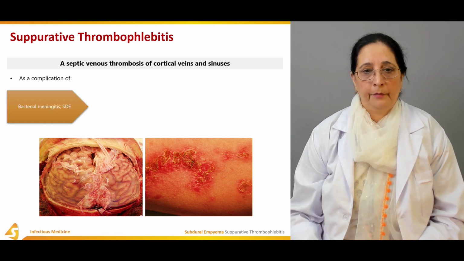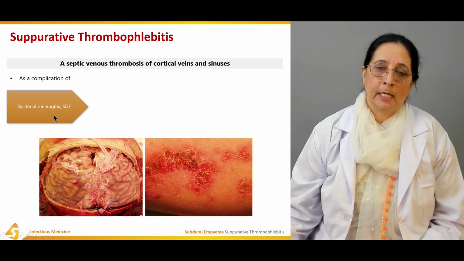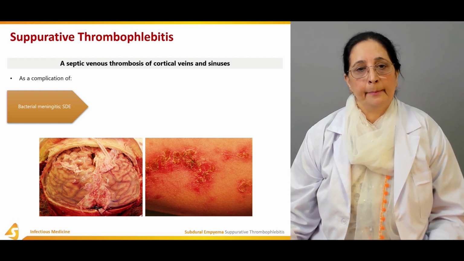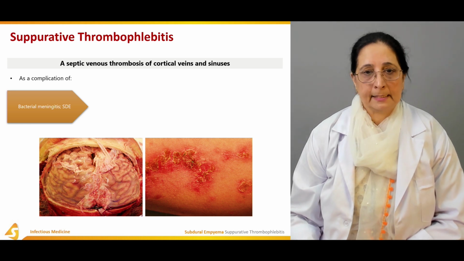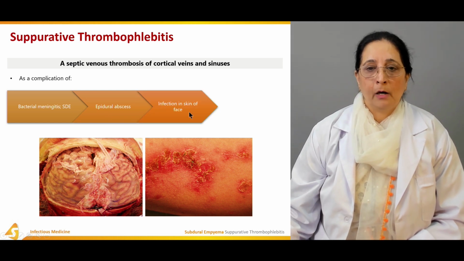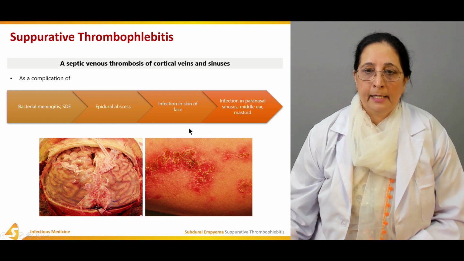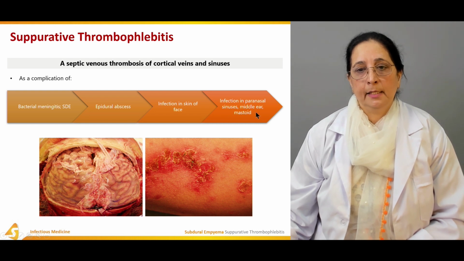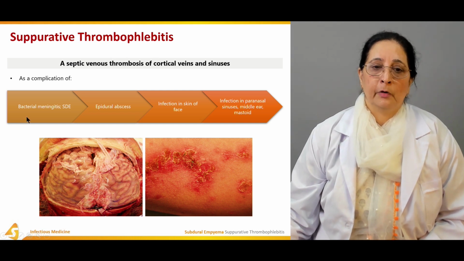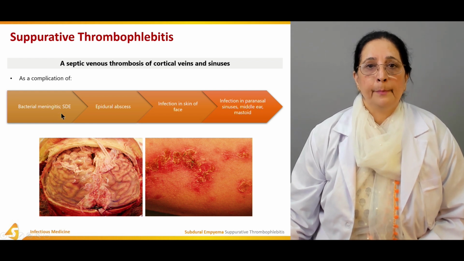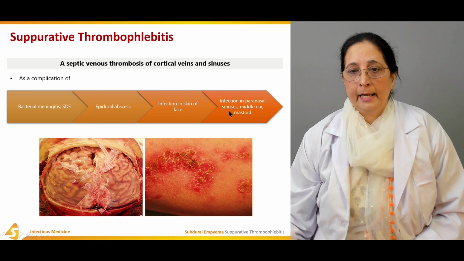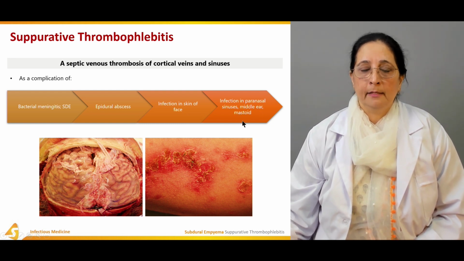As a complication of bacterial meningitis, subdural empyema, epidural abscess, infection in the skin of the face, and infection in paranasal sinuses, middle ear, and the mastoid, suppurative thrombophlebitis can occur.